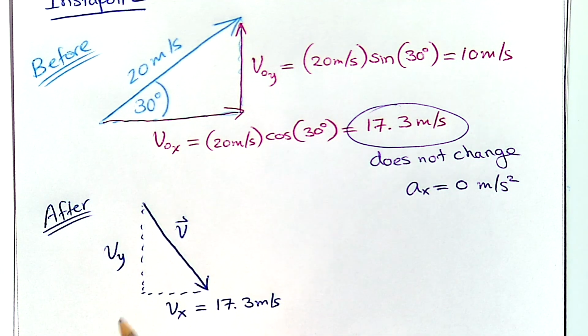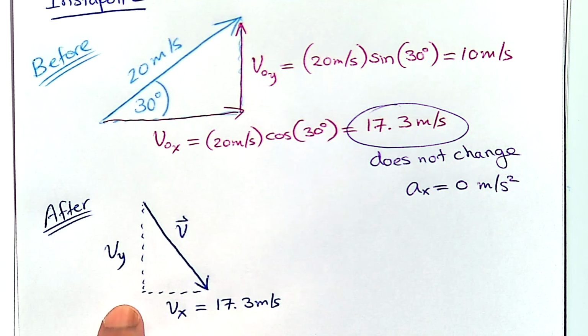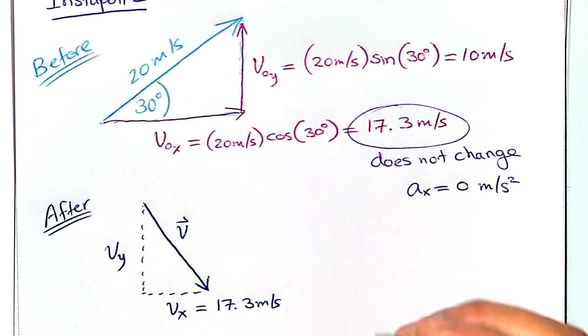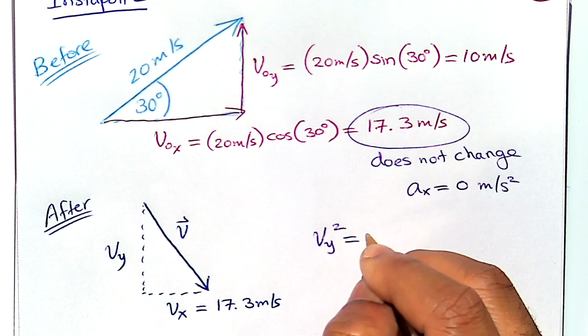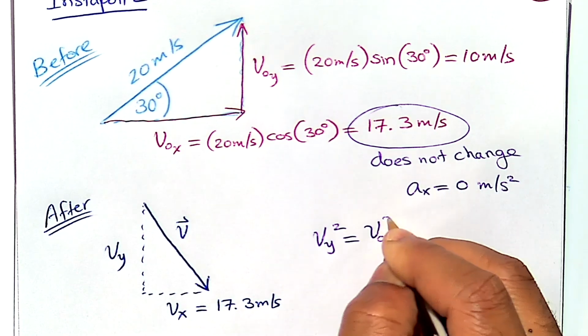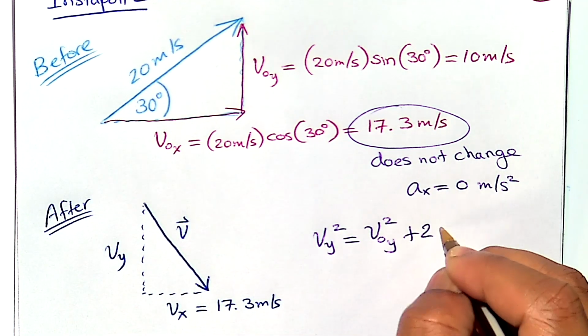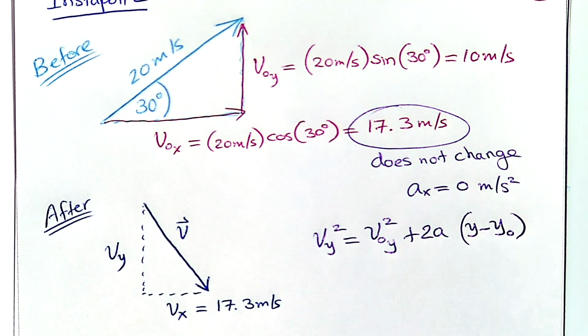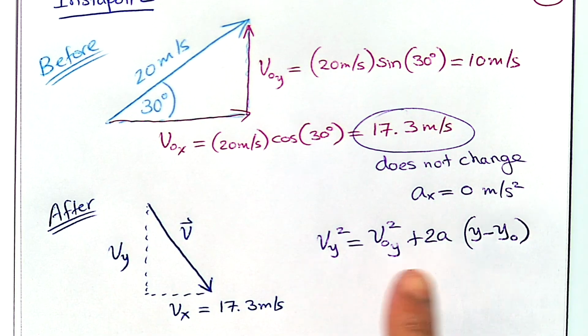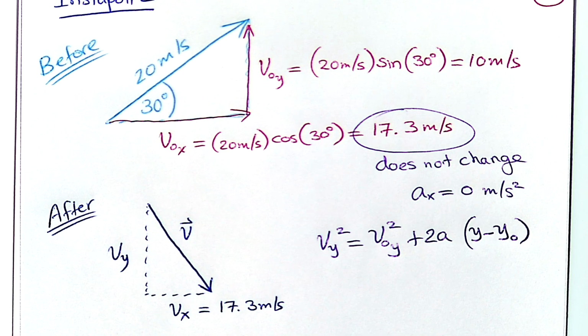But this number is not the same. We'll have to figure out what vy is, and we'll use a kinematic equation: vy squared equals v naught y squared plus 2a times y minus y naught. Why are we using this equation? Well, I'm trying to solve for the final velocity.